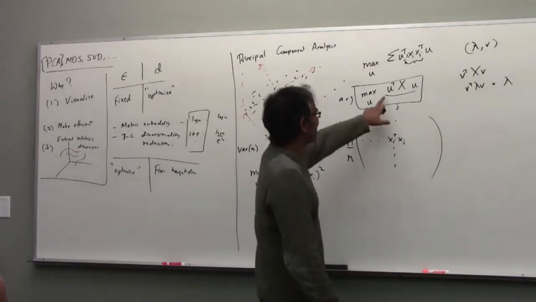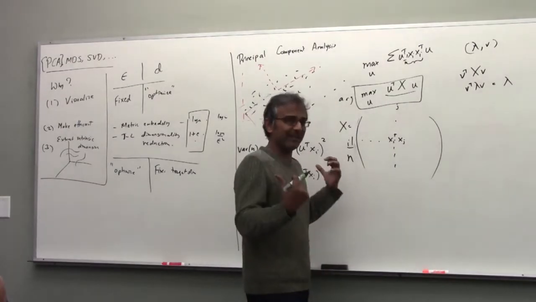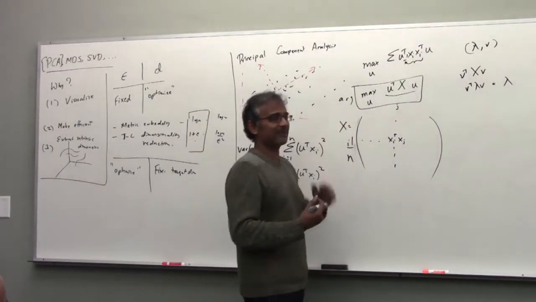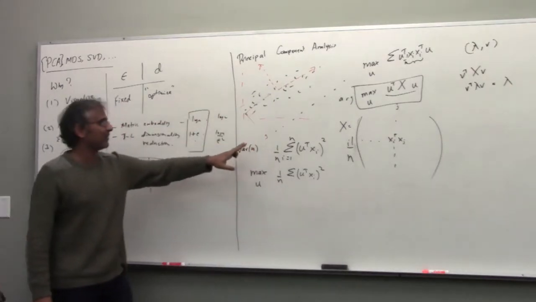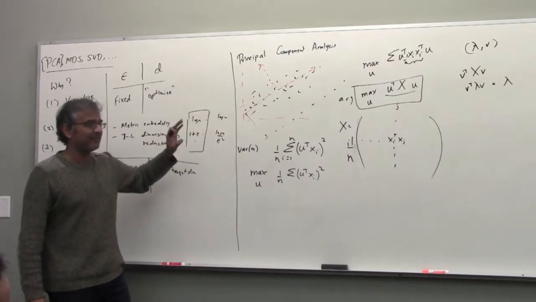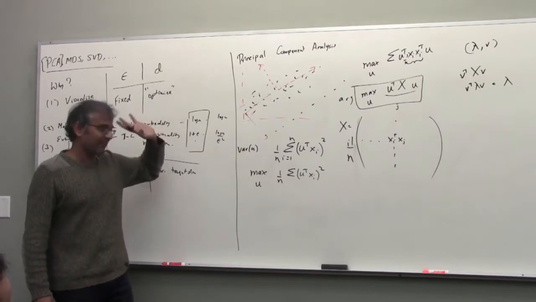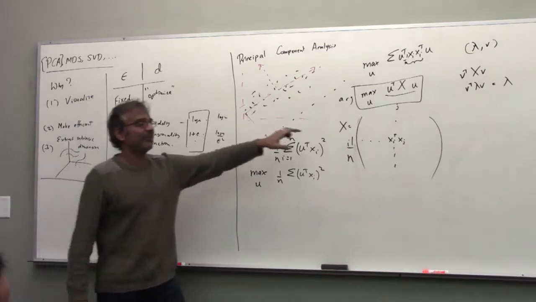So if I maximize this quantity over any u, I'm going to get the maximum eigenvalue, and the thing that gives me that is the maximum eigenvector. So the direction along which you get maximum variance is the eigenvector corresponding to the largest eigenvalue of the covariance matrix.